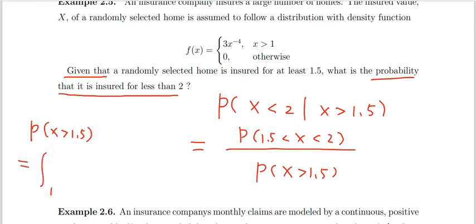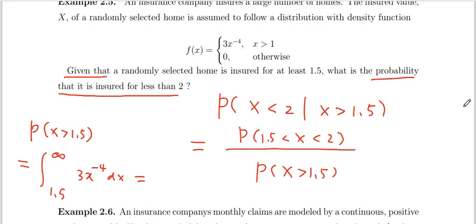This equals the integral of x from 1.5 to infinity, where the upper bound is infinity, of 3x^(-4) dx. The integration of x^(-4) is x^(-4+1), so x^(-3).